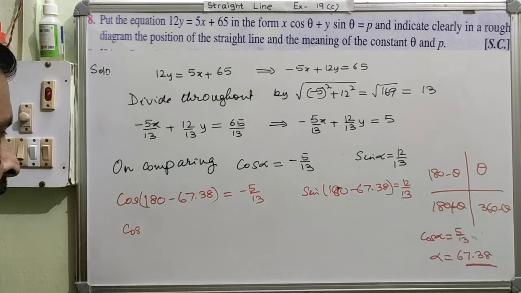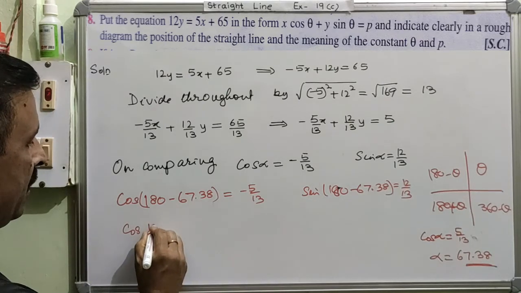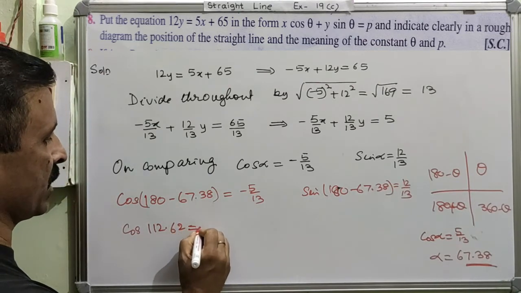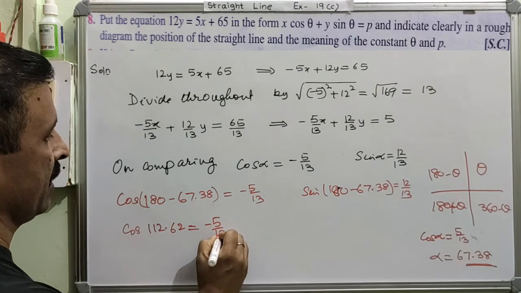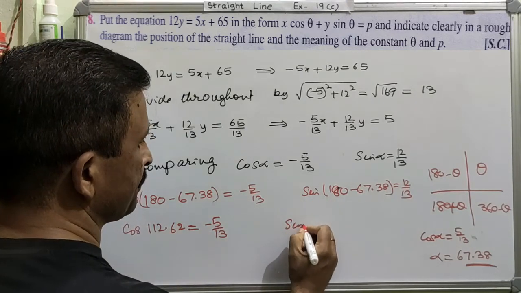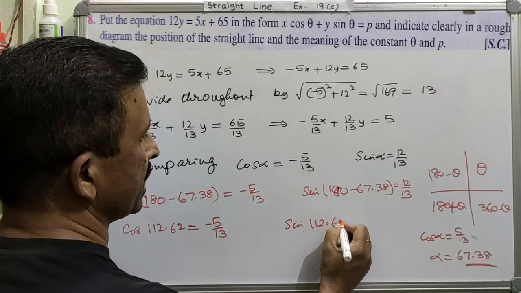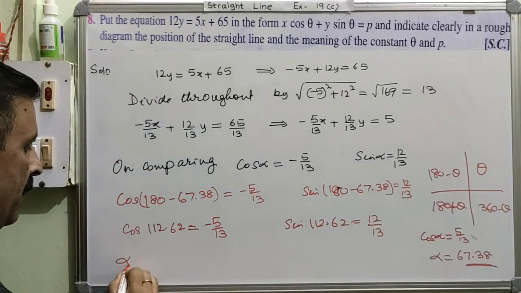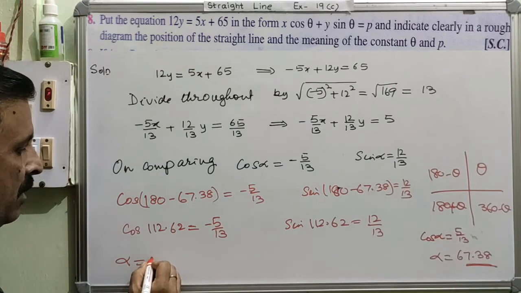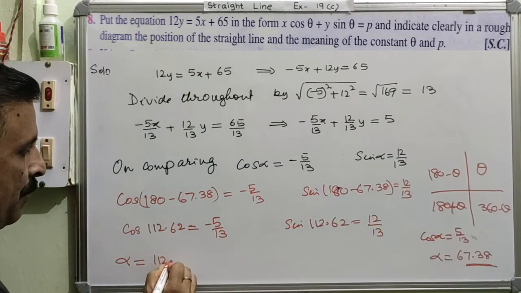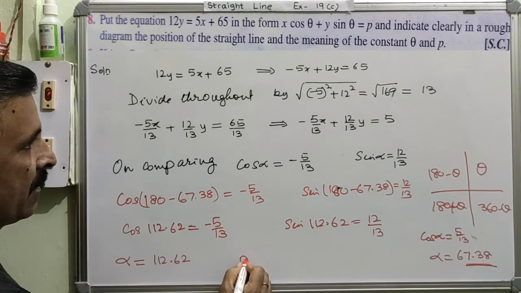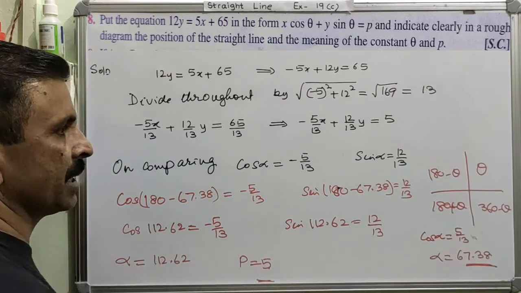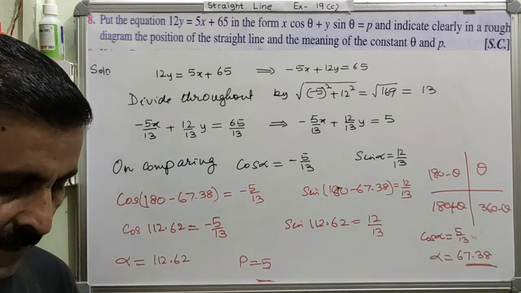It comes as 112.62, which is equal to negative 5 over 13. And likewise, sine 112.62 is equal to 12 over 13. And therefore, we can say alpha is equal to 112.62, and from this equation we can take the perpendicular is equal to 5. Is this all right? So the calculation is done.